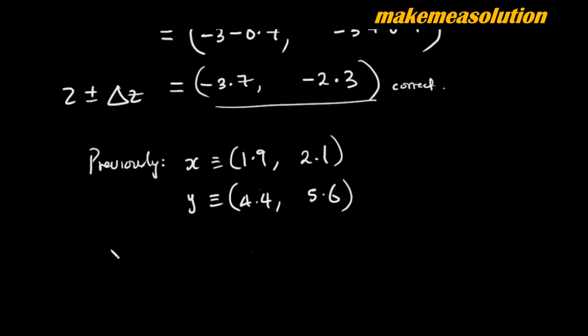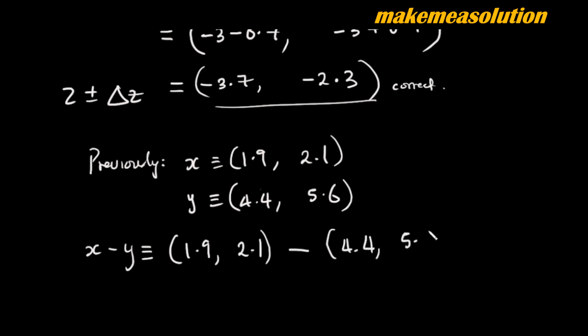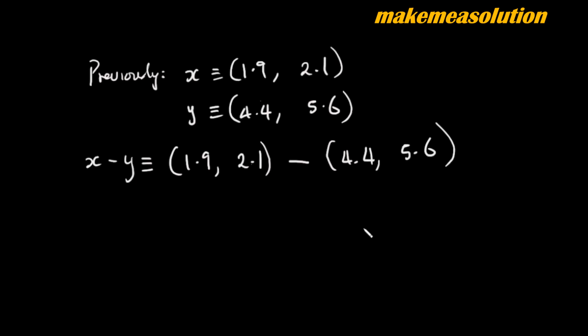So in this case, x minus y is now going to be 1.9 to 2.1 minus 4.4 to 5.6. Now you don't just come and say this minus this and this minus this. In fact, when you're doing range mathematics, just assume that minus does not exist, although it exists, but it's implicit.